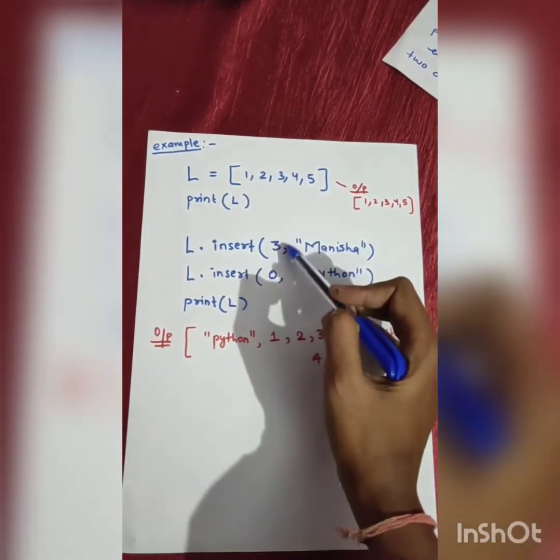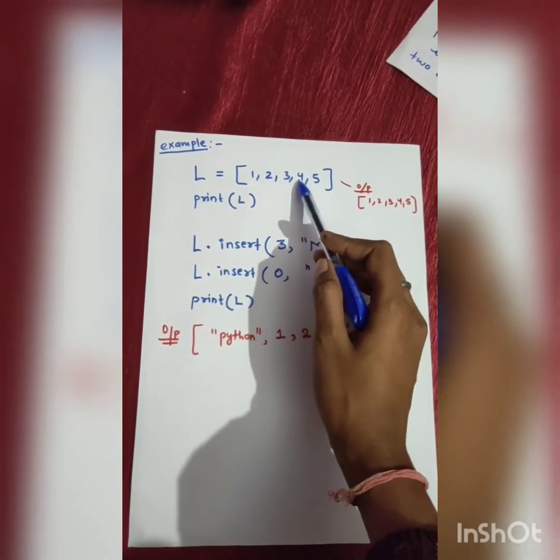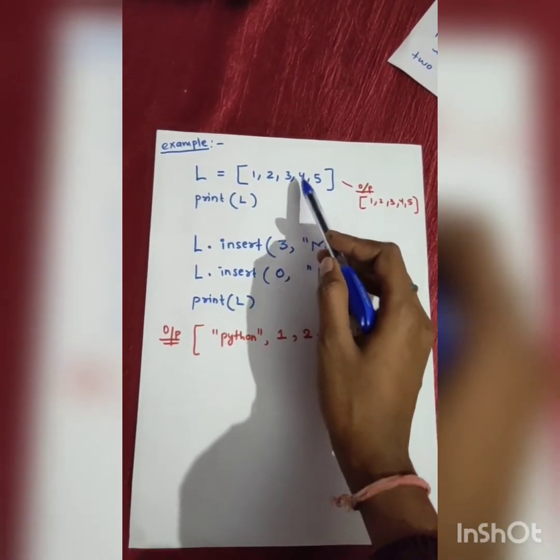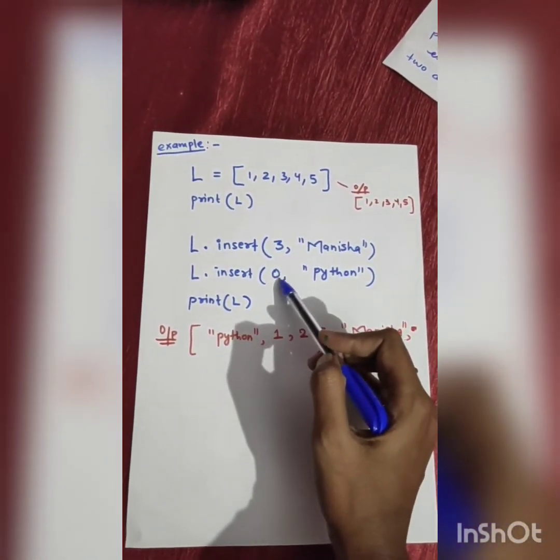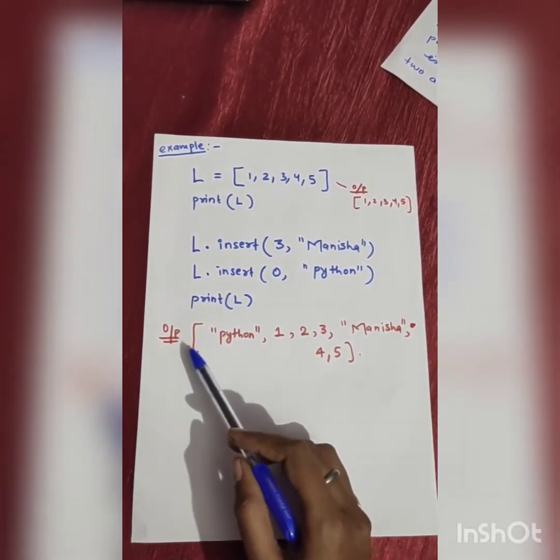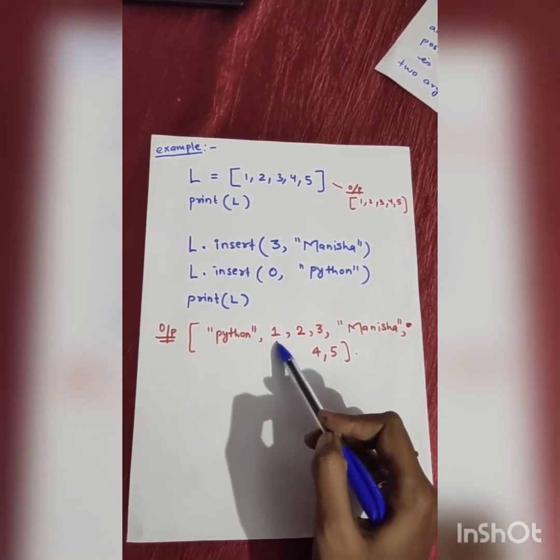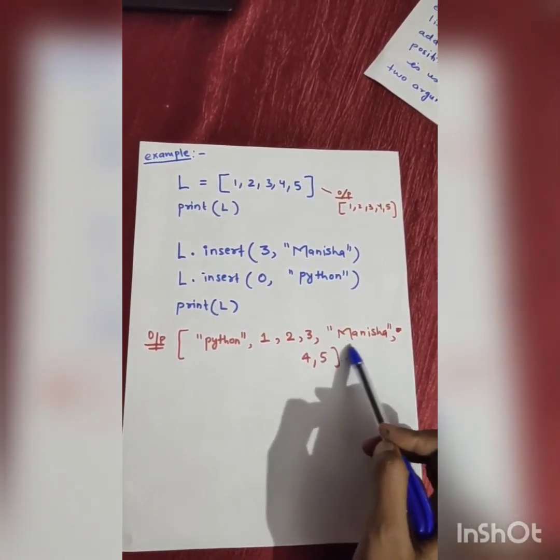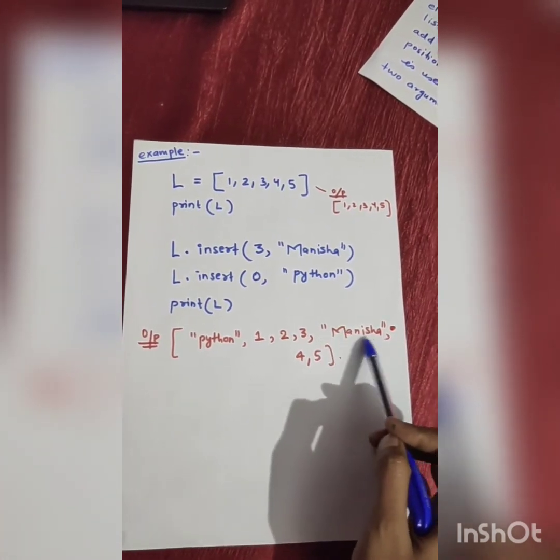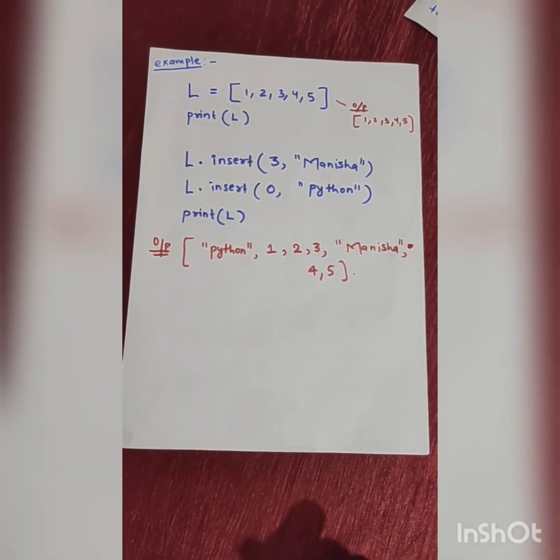Position 0 1 2 3: here I will add Manisha, and for position 0, here I will add Python. So what is the output? Position 0 is Python, then after that 1 2 3, and at position 3 Manisha came, and after that 4 5.